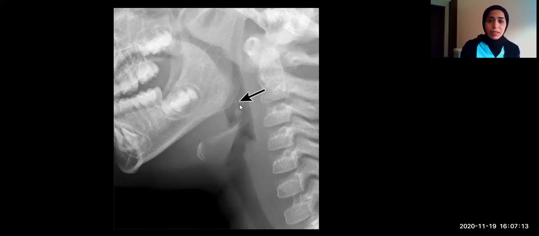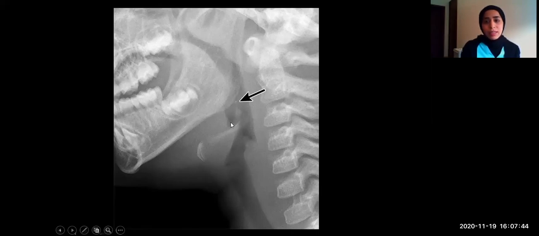But here, this is a typical appearance of the cylindrical shape of a fishbone lodged directly at the upper margin of the epiglottis. The epiglottis is slightly swollen here, maybe starting to have an inflammatory reaction related to this foreign body. Otherwise, you can see that the prevertebral soft tissue is good, with no perforation and no air elsewhere other than the airway column.